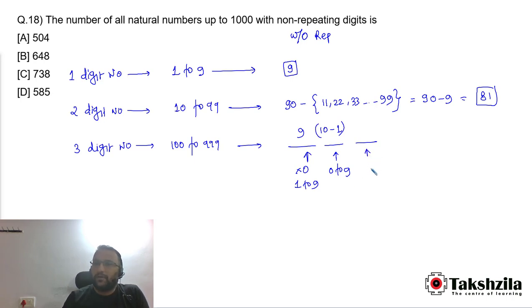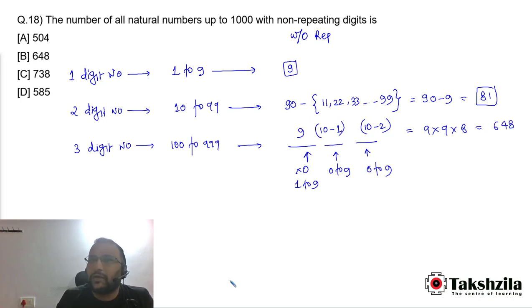For the third place, 0 to 9, total 10 choices are there, but out of them we have already used two digits at the first and second place. So we are left with 8 choices. So 9 into 9 into 8, 81 into 8, it's 648 three digit numbers in which no digit is repeated.